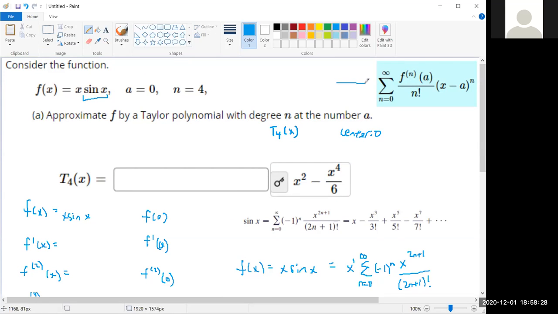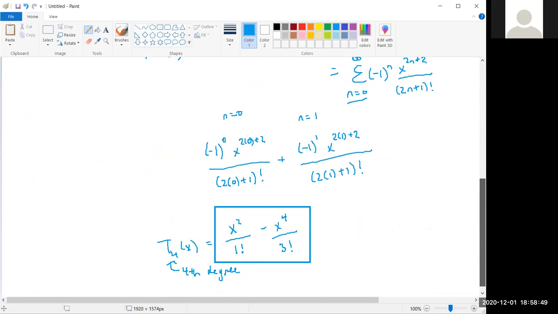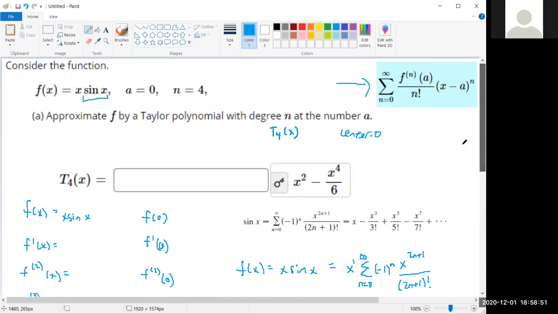And that's fine and all, but for some questions, finding the derivatives over and over again can be quite time consuming. So for questions like this, they expect you to use one of the most popular Taylor series to substitute into the function and then proceed from there. Okay. So those are the two types of questions.